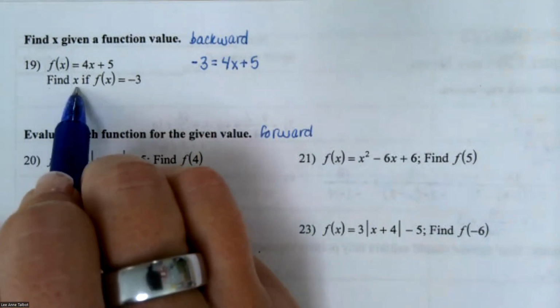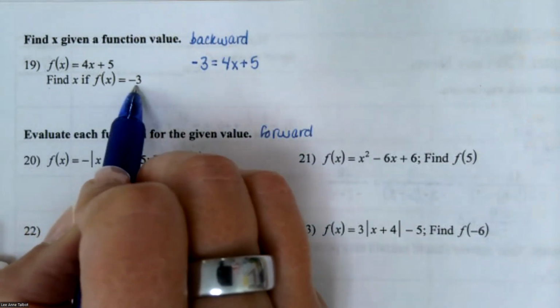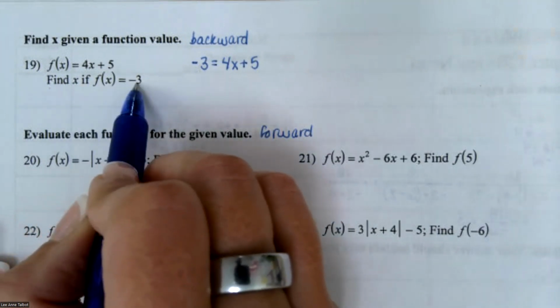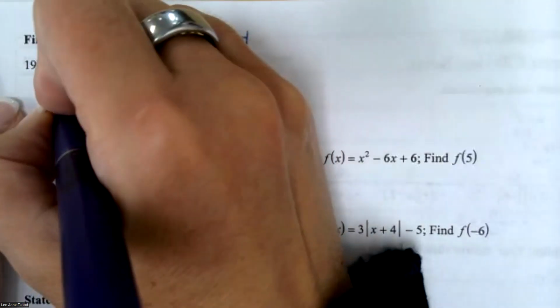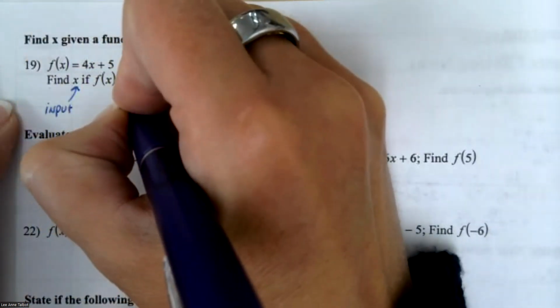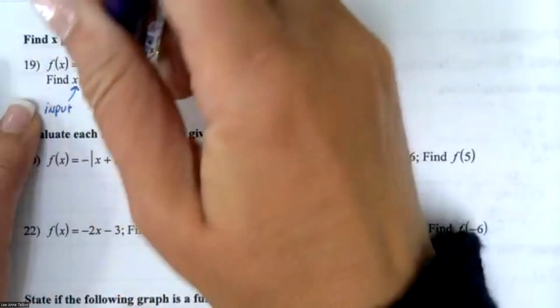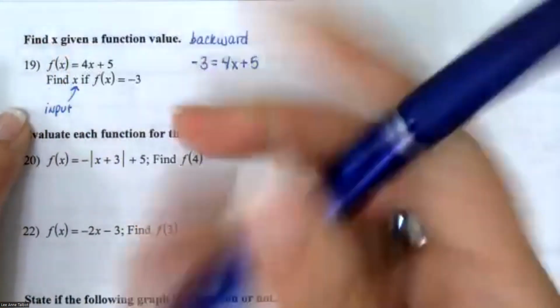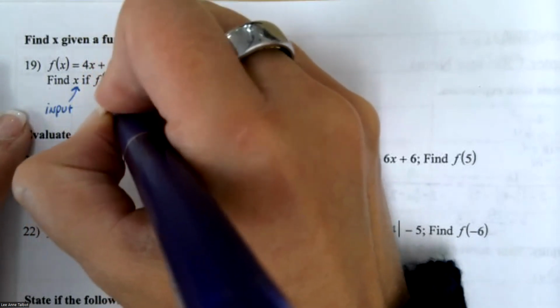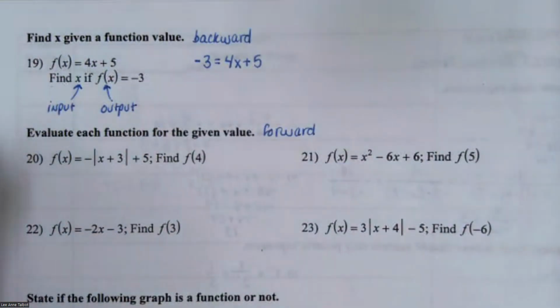It says find x if f of x is -3. So this is saying find the input if the output is -3. So this is input, this is output.